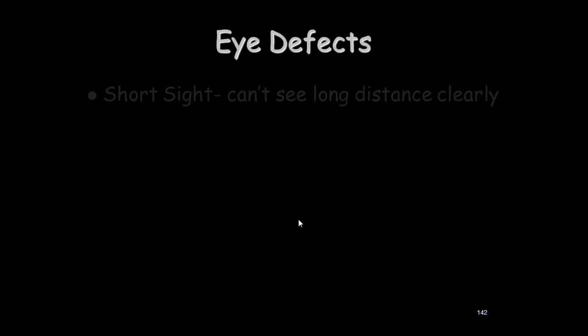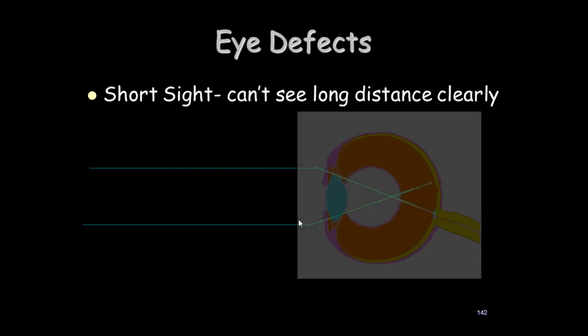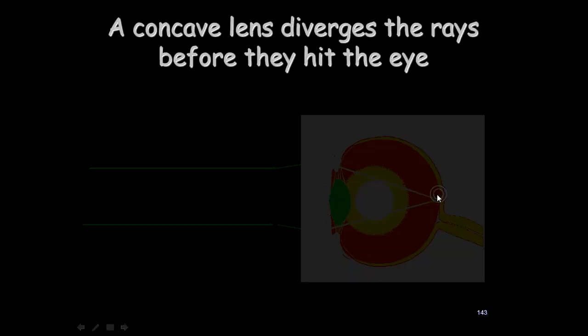Eye defects. We use lenses to correct eye defects. So when an image isn't falling on the retina, short-sighted is we can't see long distances clearly. So what appears to be happening is light from a distant object is not being focused on here.